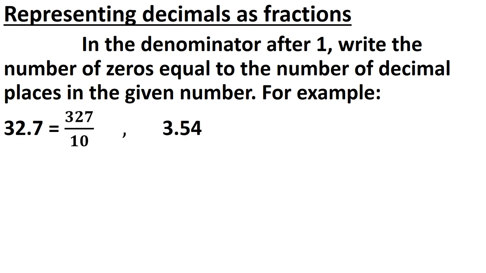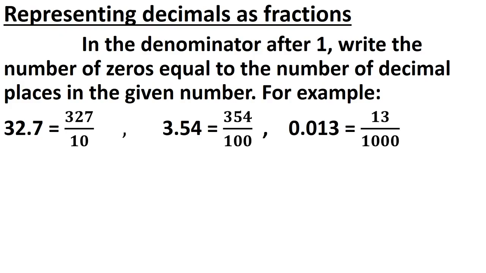We will write down in the denominator 1. Now after the decimal here is 1 digit. So in the denominator 1 0 will come. See the second example, 3 decimal 54. Now here after the decimal 2 digits are there, 5 and 4. So in the denominator 2 zeros will come and we will remove the decimal from the numerator.